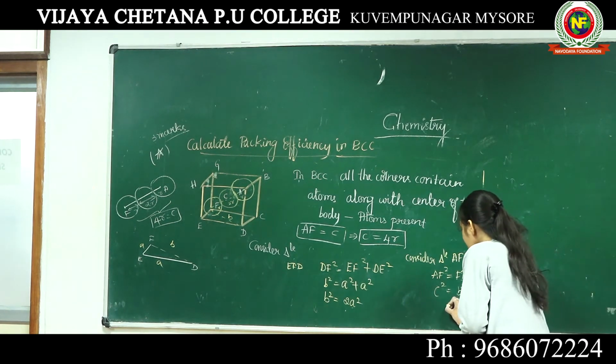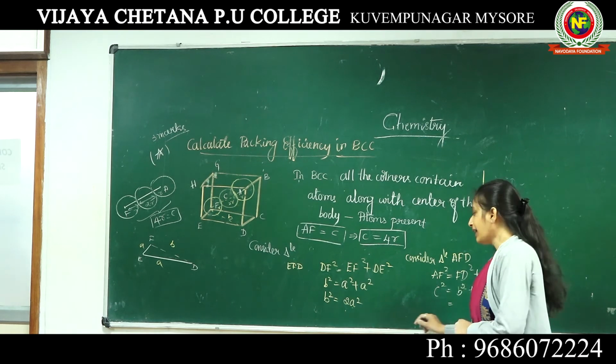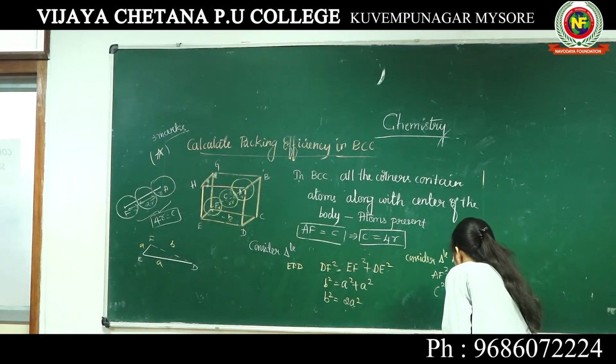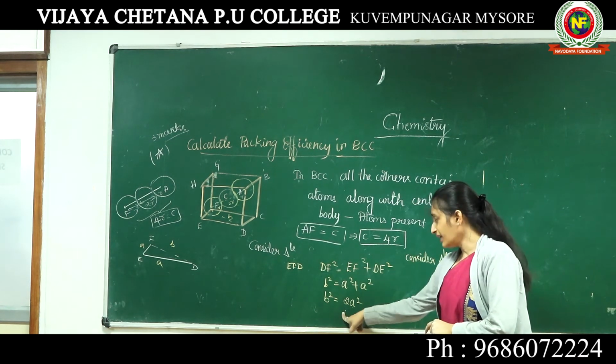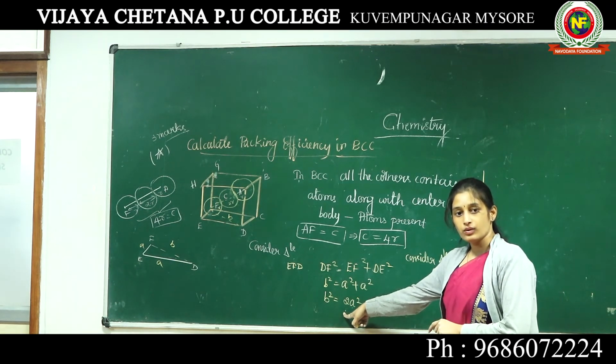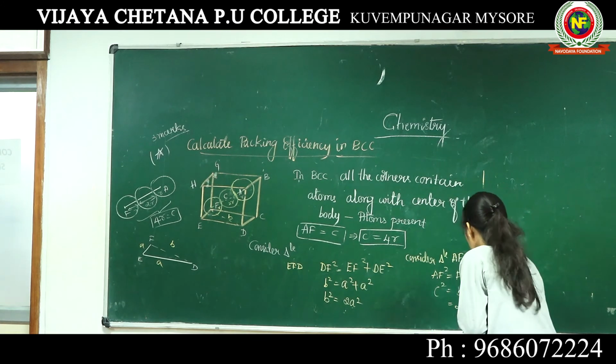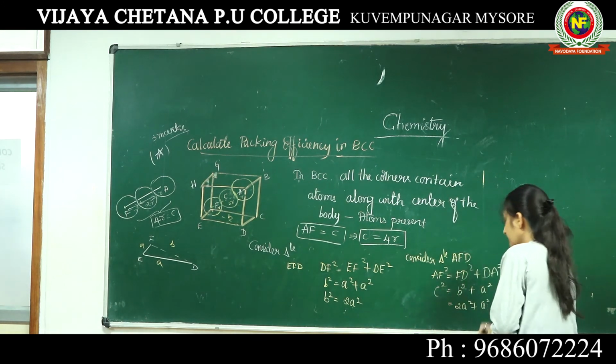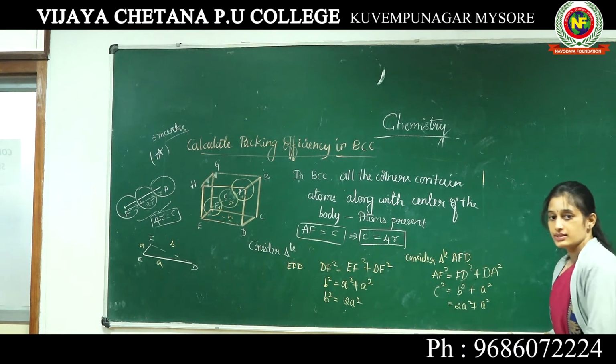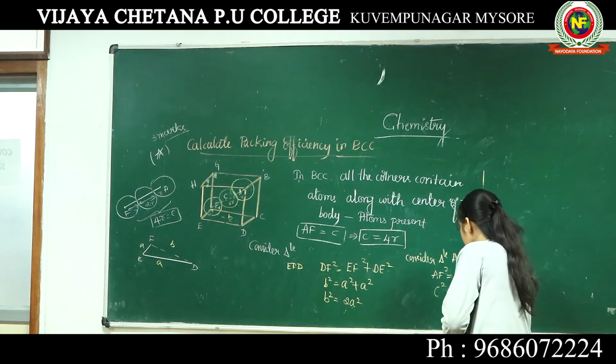Now B square. What is the B square value? 2A square. Why am I keeping it as it is? You come to know now. C square is equal to 2A square plus A square. 2A square plus A square is nothing but 3A square.